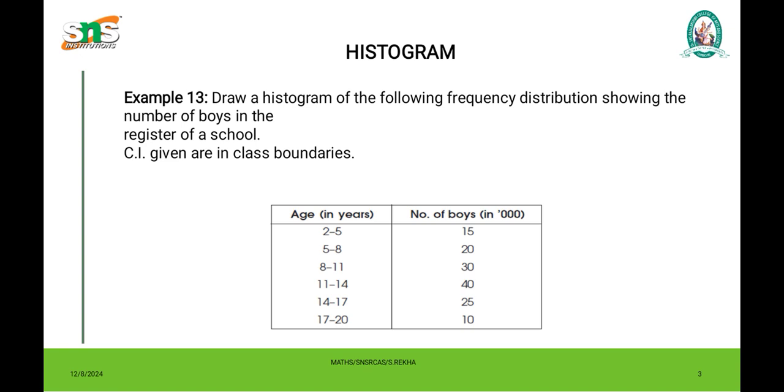For data like that, for some schools, you can easily split the data: 2 to 5, 5 to 8, 8 to 11, 11 to 14, 14 to 17, 17 to 20.